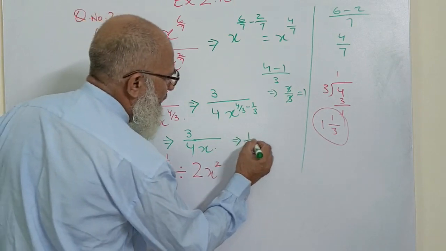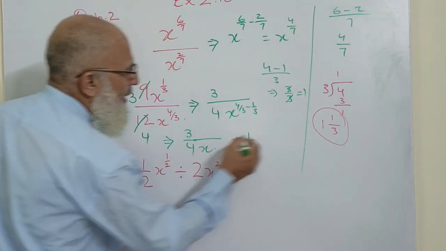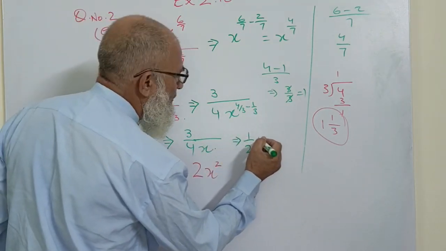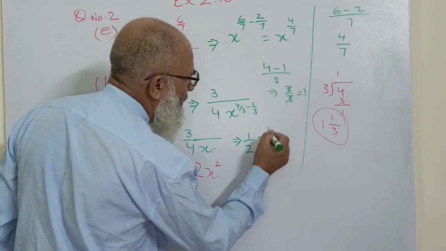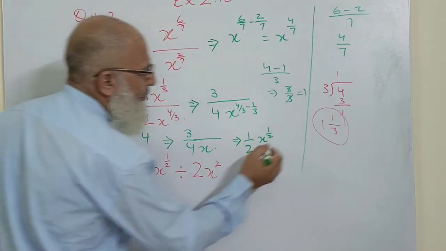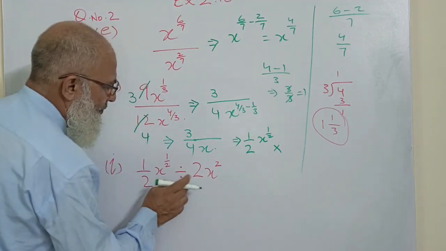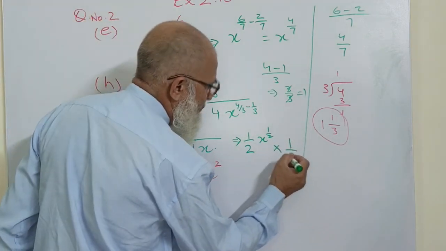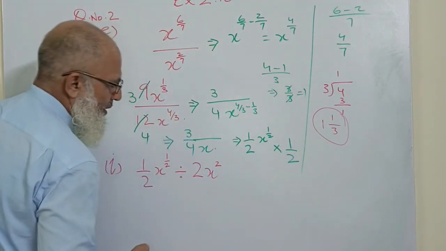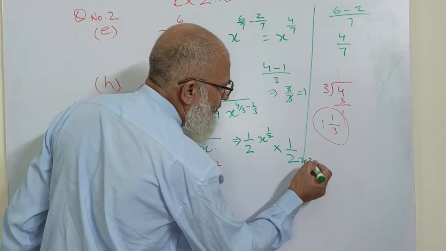Now 1/2 x^(1/2) again multiplied by again 1/2 x^2.